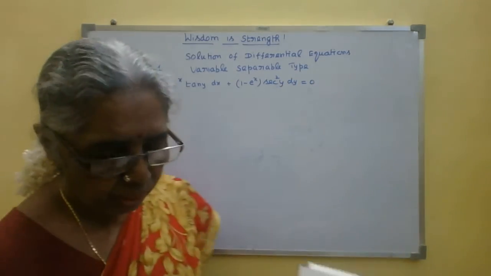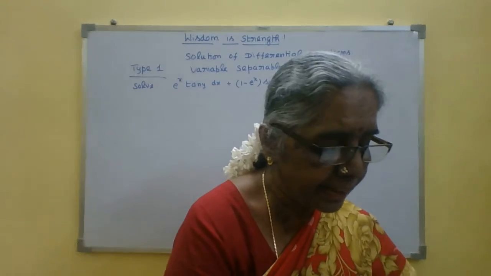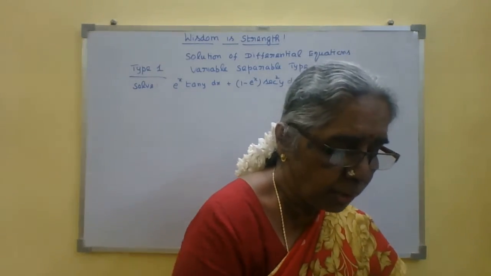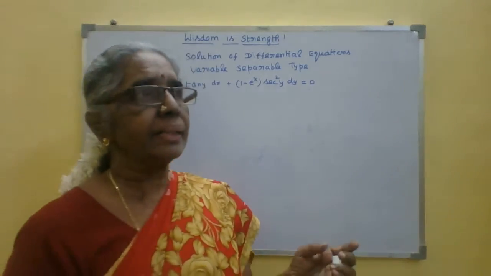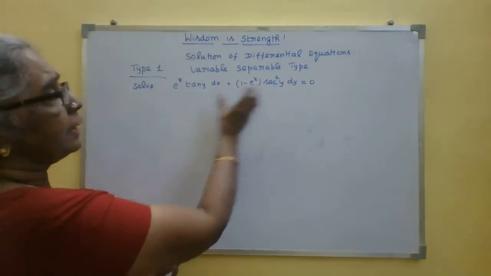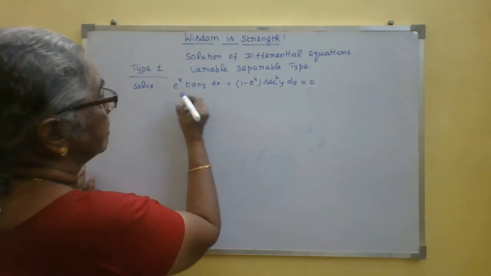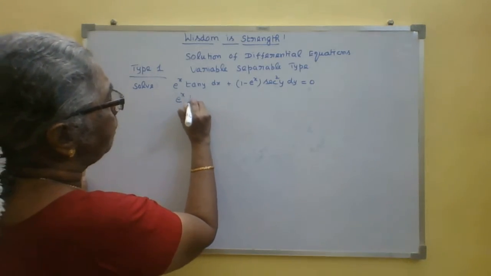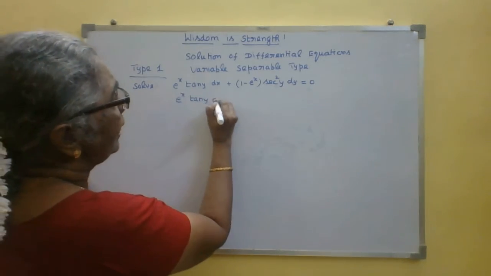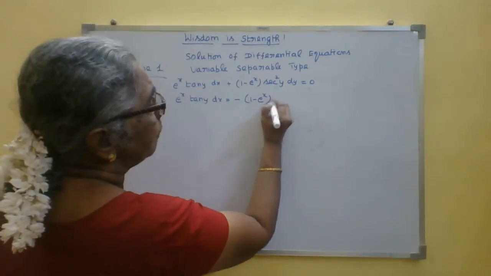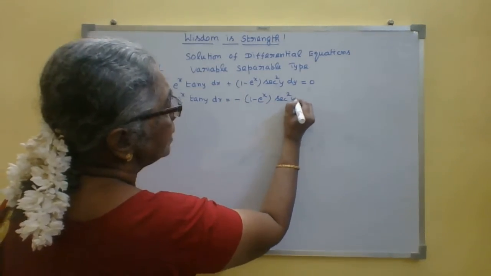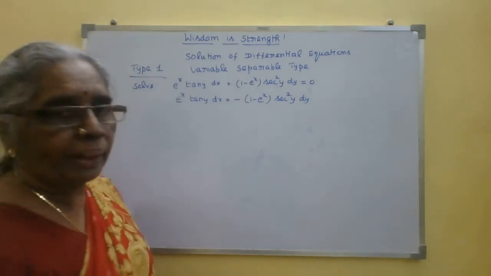In this sum you are seeing x terms, y terms, and dx and dy. Before I separate, let me keep one term on this side and take the other term on the other side. So I will be getting e power x tan y dx equal to minus 1 minus e power x secant squared y dy.